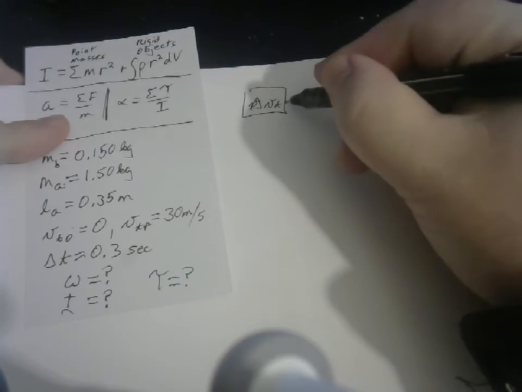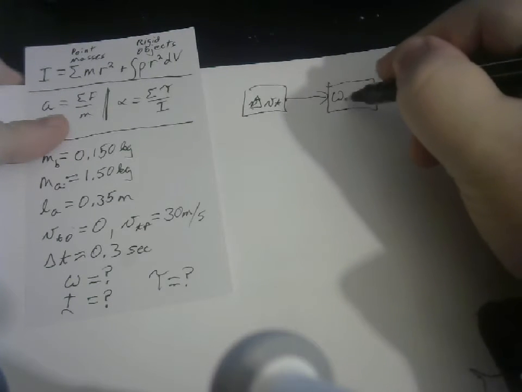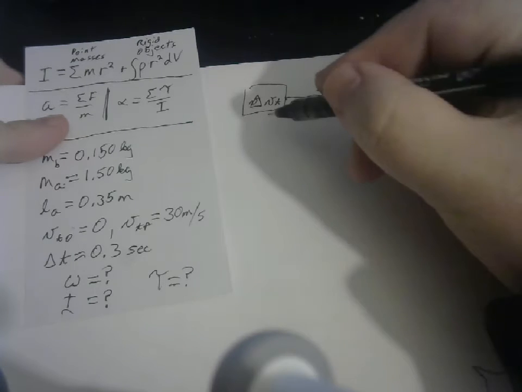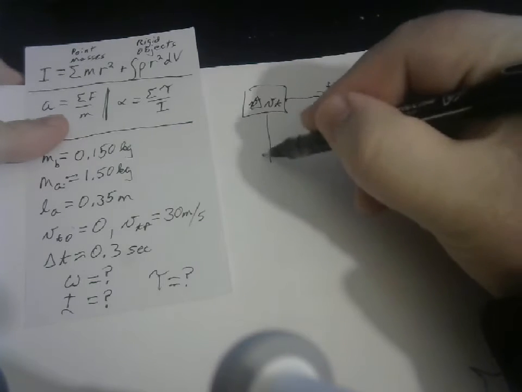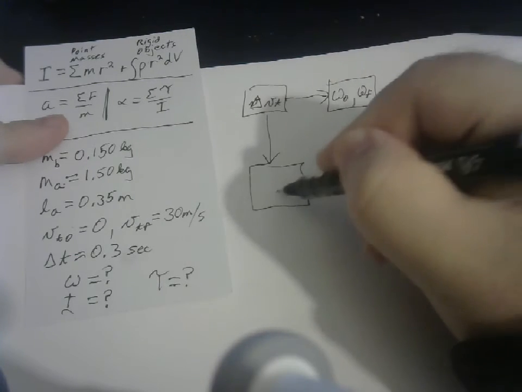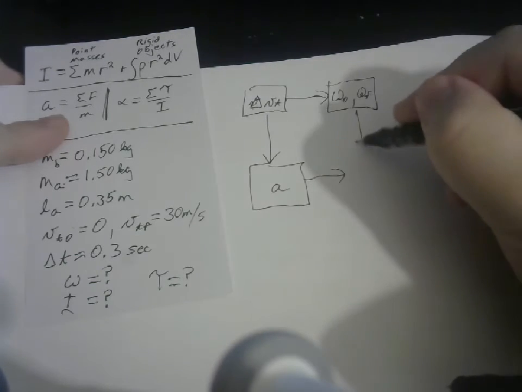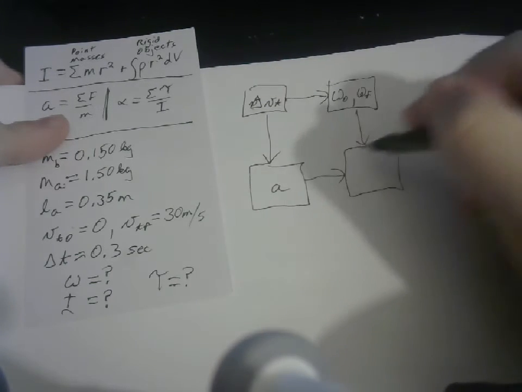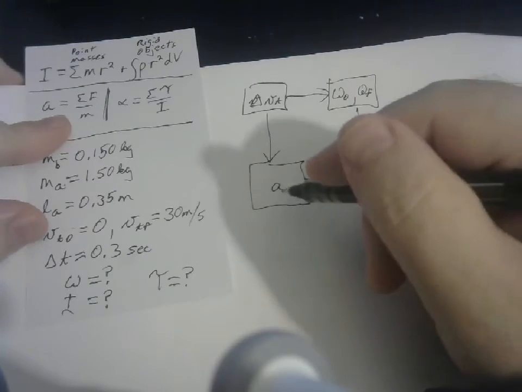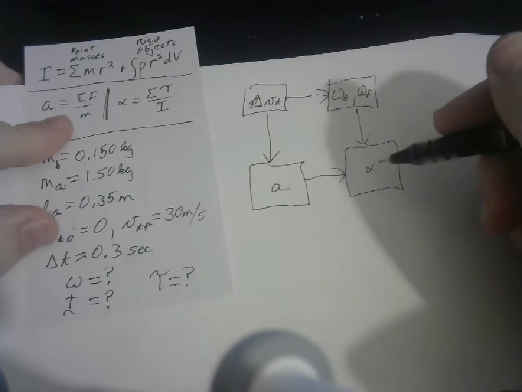So we could find omega naught and omega final, or we could find a, and then from either of those directions we can find alpha. So let's go this way: find acceleration first and then find alpha.